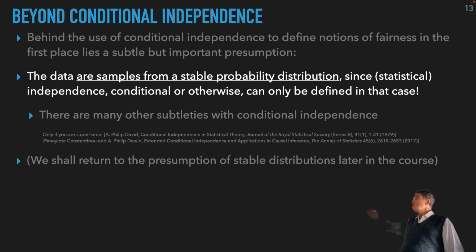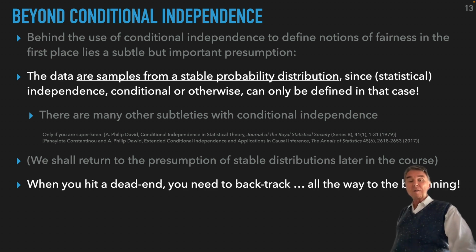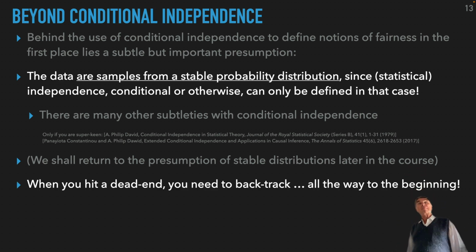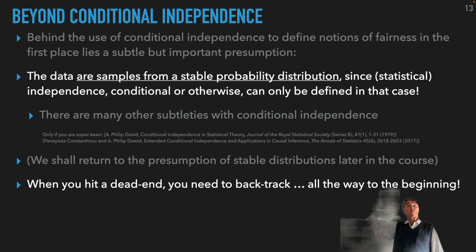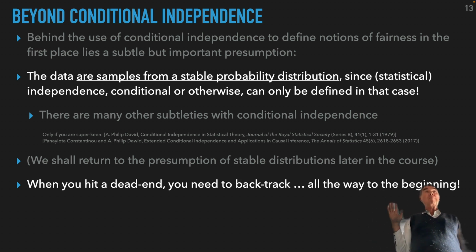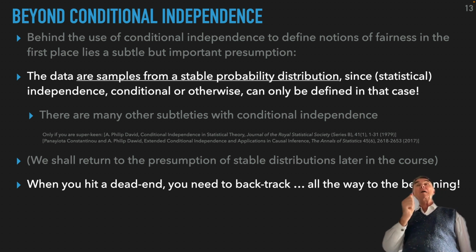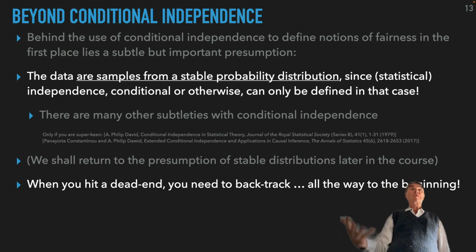And we're going to return to the presumption of stable distributions later on in the course. But essentially, the further we looked at this, we found computational headaches, we found conceptual philosophical headaches. And so then we thought, maybe the problem, maybe the error, as it were, was on line 1, essentially. That was that we were using independence as the way of capturing no adverse effect.